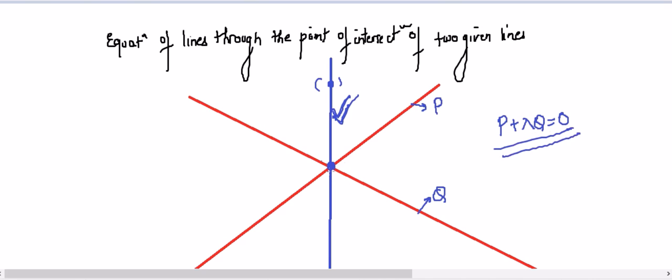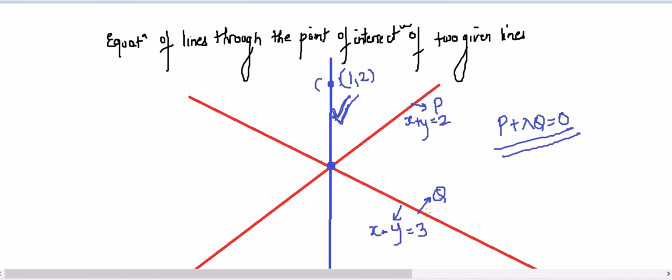How can you calculate? Say for example, the question is: find the equation of a line passing through the point 1, 2, and the equation of the first line is x plus y equals 2, and the second is x minus y equals 3.